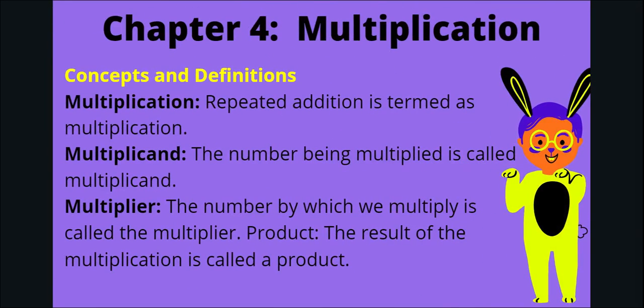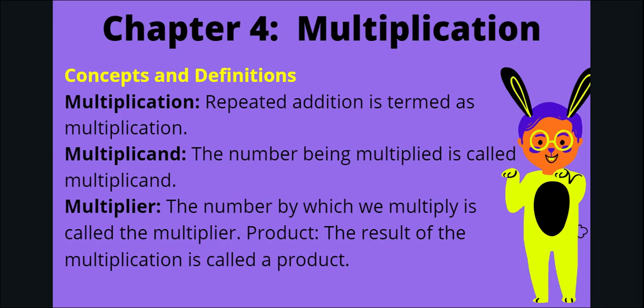Next, now we will start Chapter 4, Revision of Multiplication. For this chapter, you need to know the multiplication table very well. At first, we revise the terms associated with multiplication.